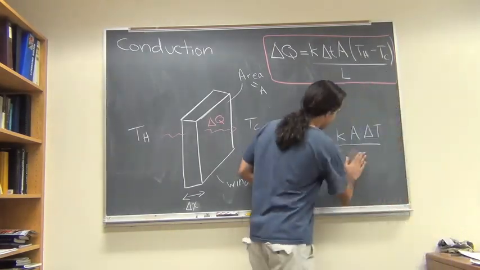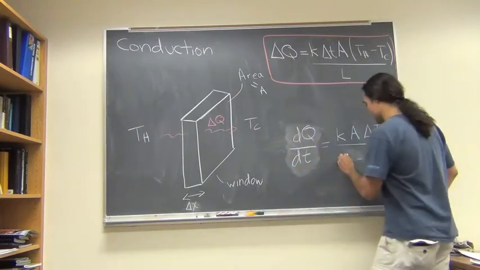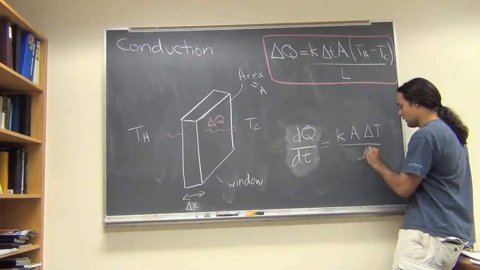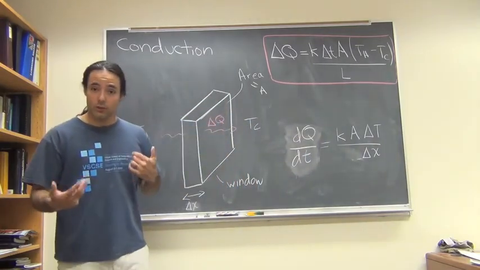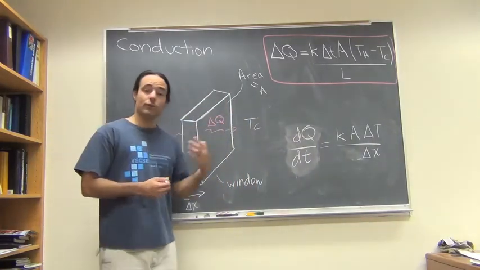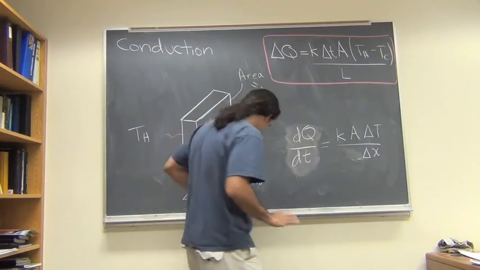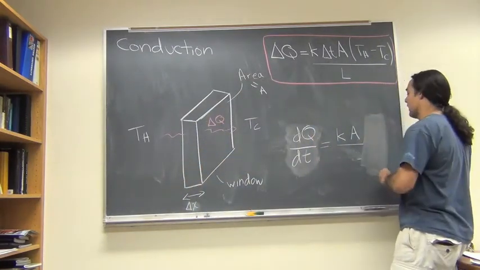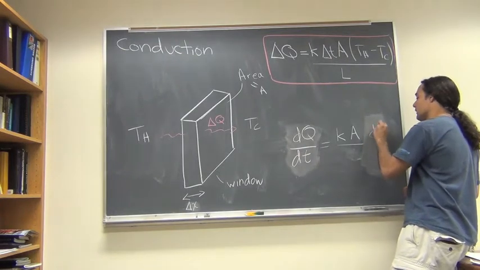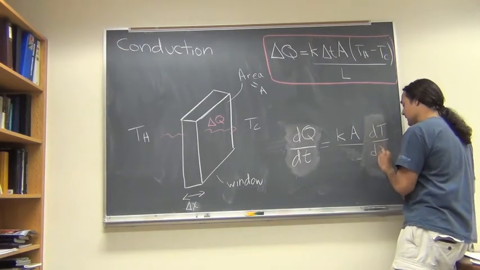And if I do that, this will just become delta T over delta x. I could write that as a derivative as well. For those of you who have had a little bit of calculus, we could write this as dT/dx.